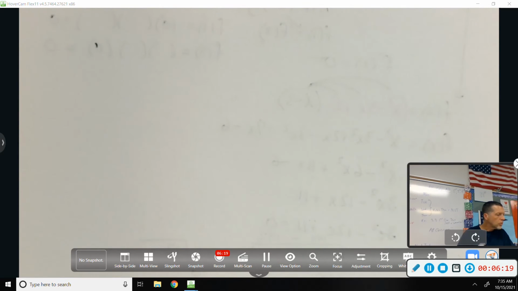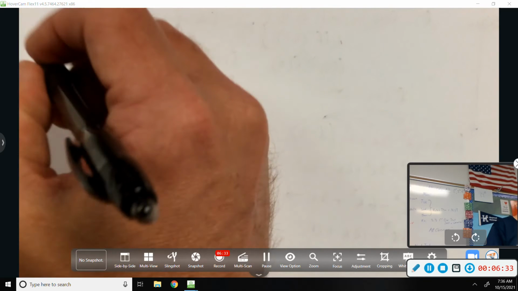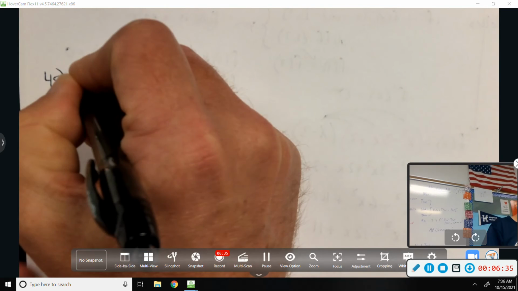Because it's differentiable on the open. So 41 would work. Wait, but 45 wouldn't. 45 would work because that is continuous and differentiable. Wait, can you do 45? Because I gave up on that one. So let's do 45 then.